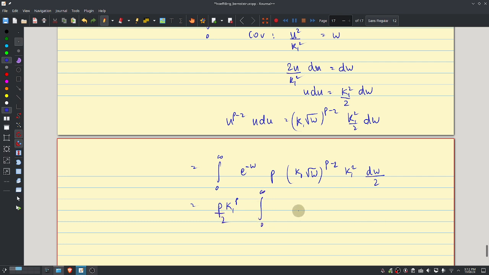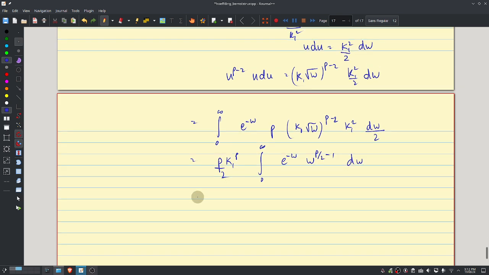Let me take the 2 outside as well. e to the minus w times w raised to p by 2 minus 1 dw. Right? That's exactly gamma of p by 2.